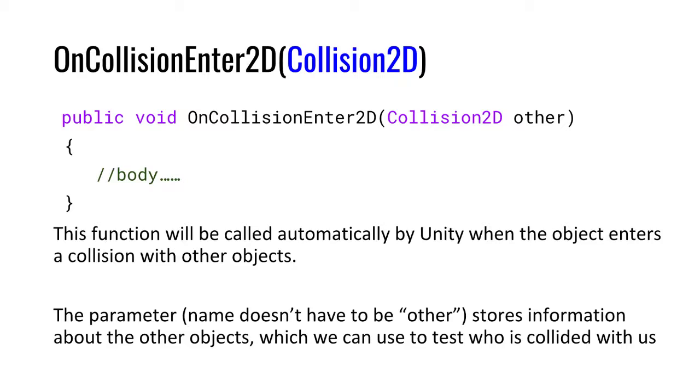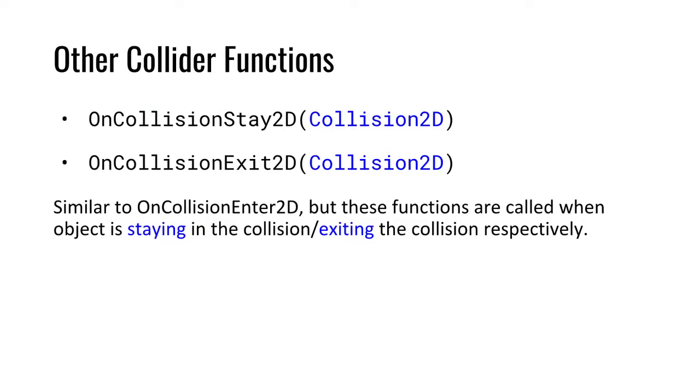You can print something to say, okay, this collided, or you can apply another force. So if you want, say, an impulse to be done when you come in contact with something, then you would do that here. There are two other functions just like this, similar to the button functions.